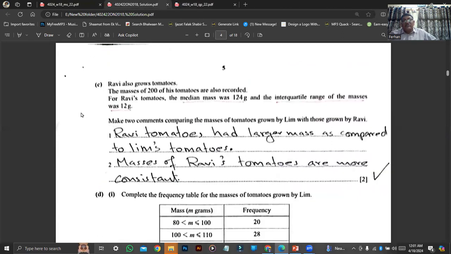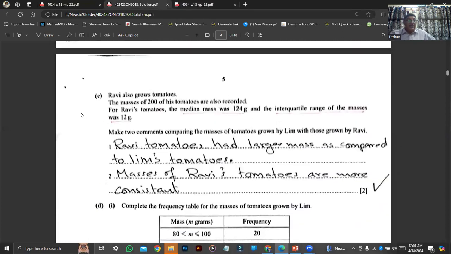Because the interquartile range of Ravi is smaller, it means the masses are more consistent. They do not have that much variation. So the masses of Ravi's tomatoes are more consistent. Most of them are approximately of the same mass.